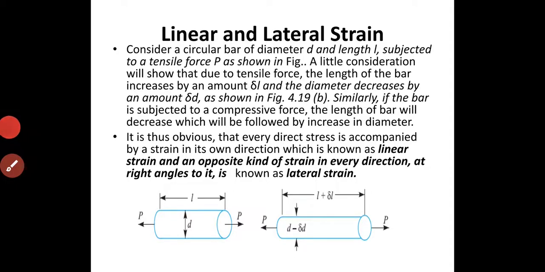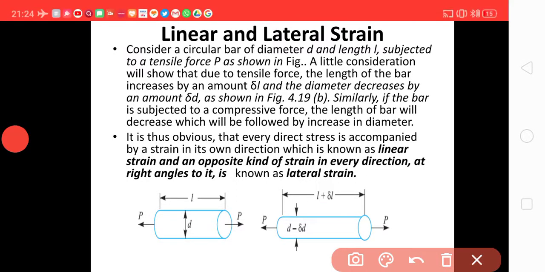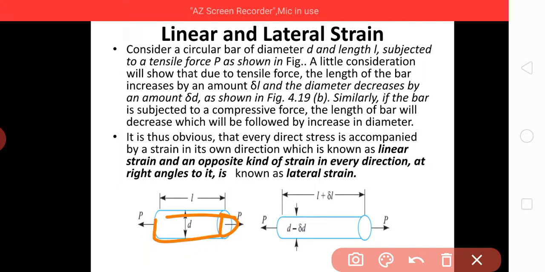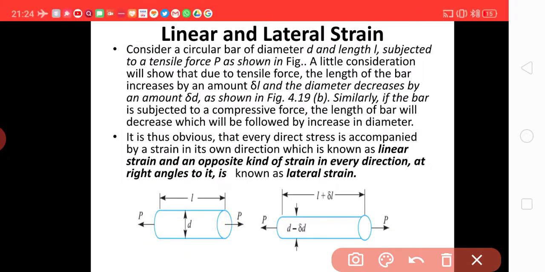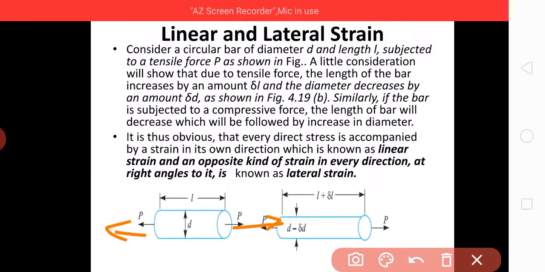Linear and lateral strain, very important. Consider this circular section, a circular specimen, being applied with a tensile load P. When we are increasing the force on it, its length is increasing, but since the total volume of the material is the same, its diameter will decrease accordingly.